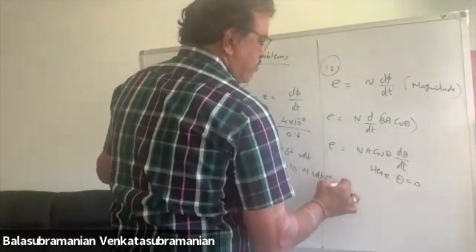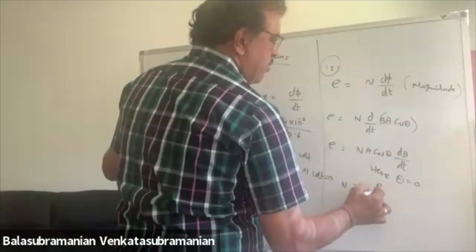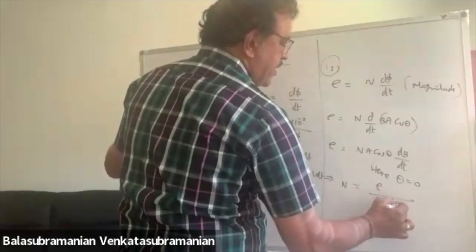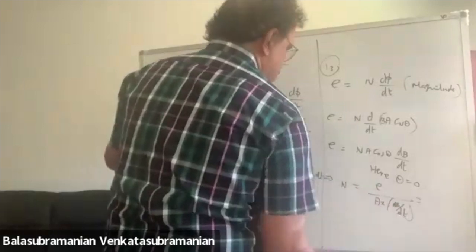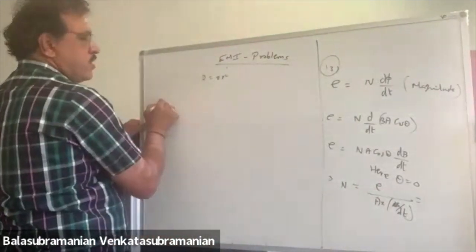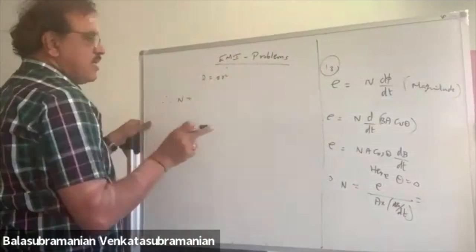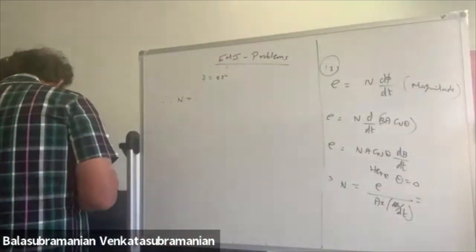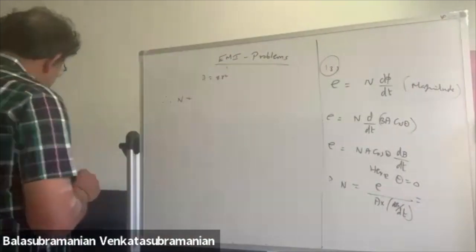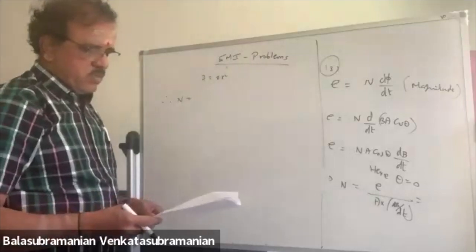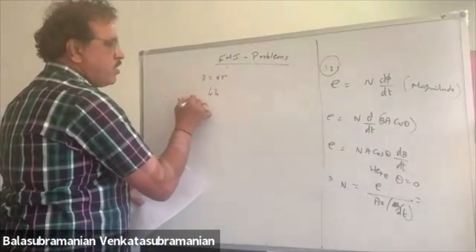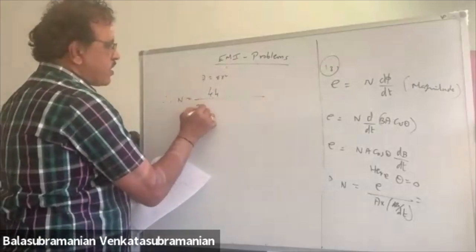So what will happen? N is equal to E by A dB by dt. A is pi r square. Therefore, N is equal to E value 44 volts. EMF induced is 44 volts. 44 by A, which is pi r square.